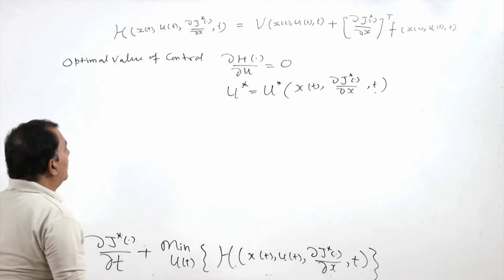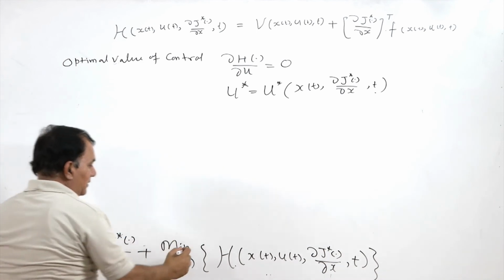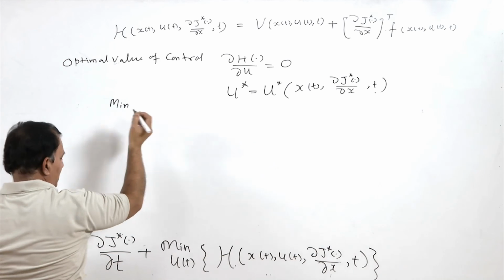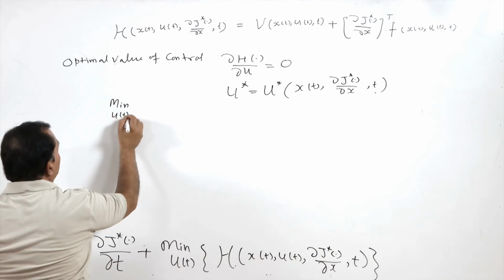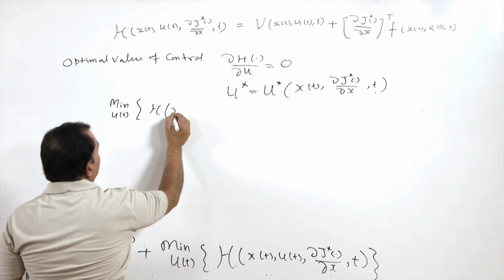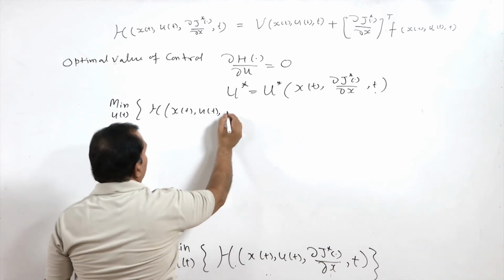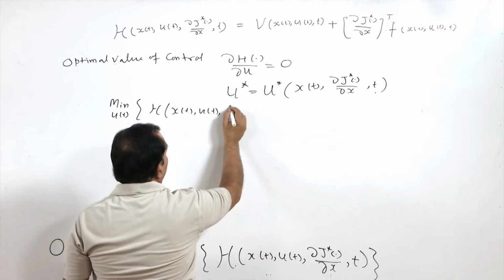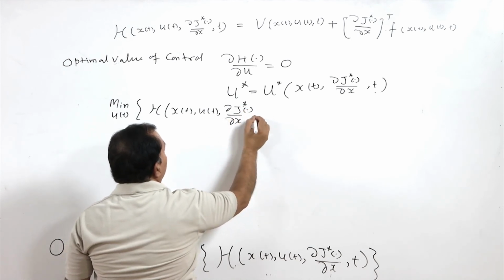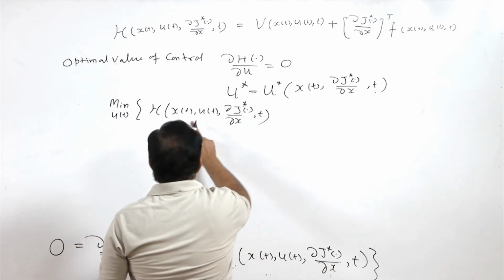So I can write this minimum of h of x, t, u, t, del j by del x and t, substituting u into this.